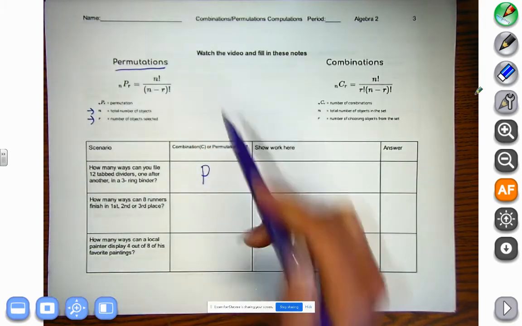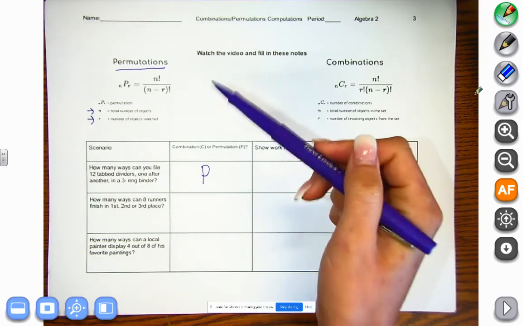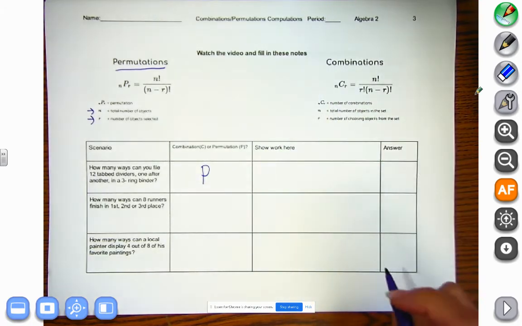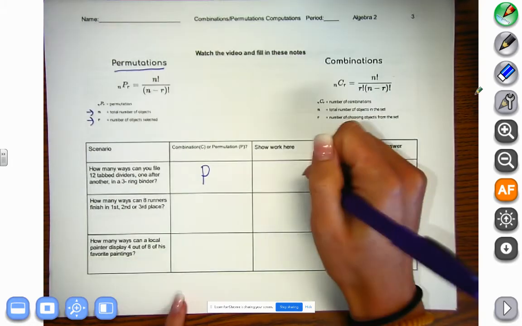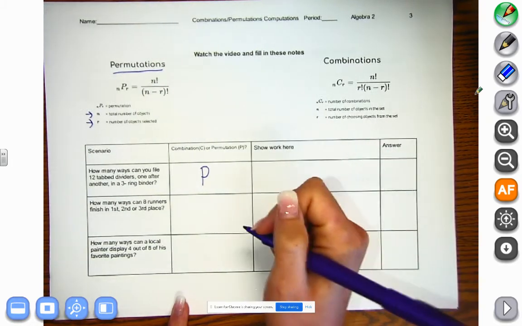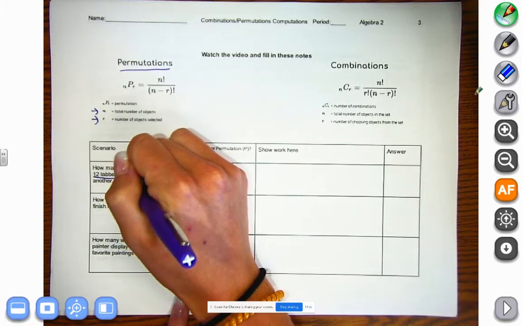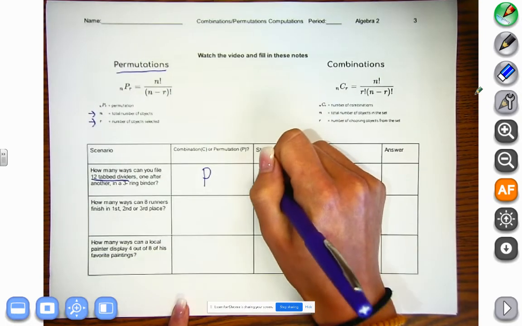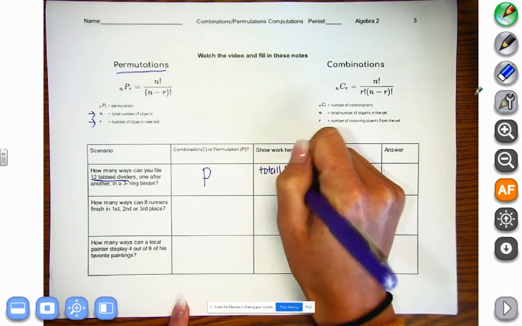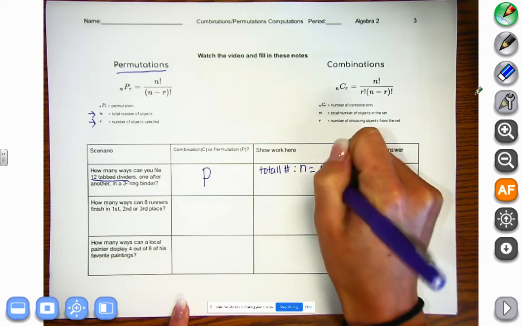Okay, so now using our formula, we need to identify the total number of objects and the total number of objects being selected. Our total number of dividers is 12, so the total number of objects, which is n, equals 12.